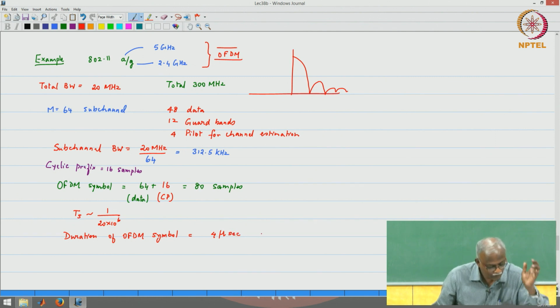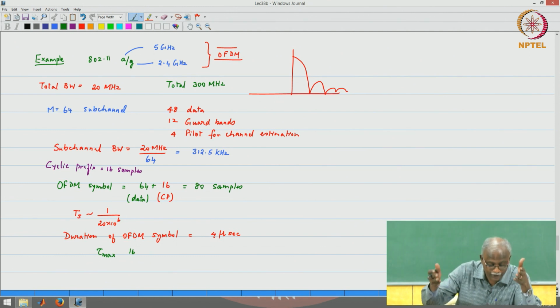Okay. Now the key element is how much multipath protection do you have? I have 16 samples of cyclic prefix. So, the maximum delay spread that I can withstand, tau max. Basically my cyclic prefix should be longer than my delay spread.